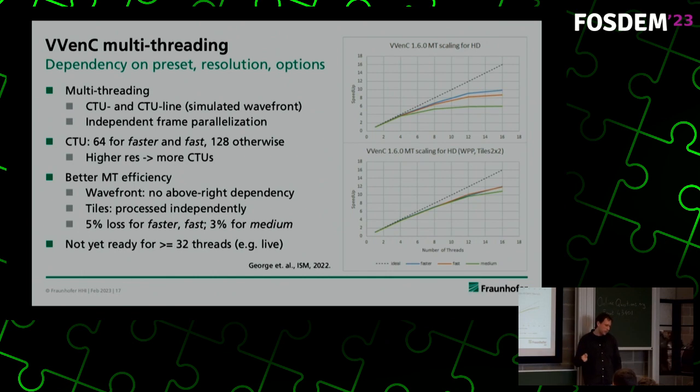So you can see, if we enable those additional features, the multi-threading scaling actually gets much better, but it costs between 3 to 5% of bitrate overhead. But still, even with those added features, the encoder is not ready yet for more than, let's say, 32 threads. So if you have a really, really big server, the encoder will not be able to utilize all the cores.